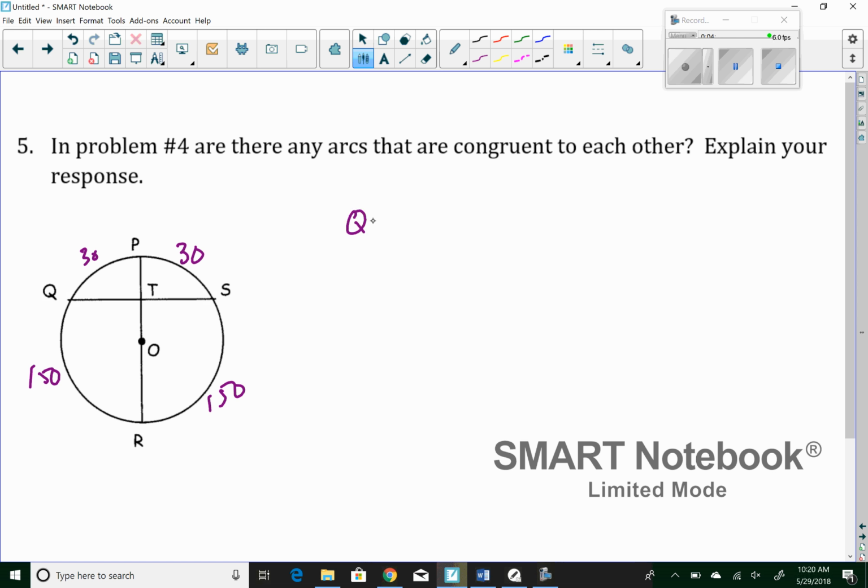So arc QP is equal to arc PS, arc QR is equal to arc SR, and arc PQR, that semicircle, is the same as arc PSR, another semicircle. There are a lot of congruent arcs in this picture because of the perpendicular nature of those two chords. That's a whole other set of rules that we could talk about, but we're not going to today.